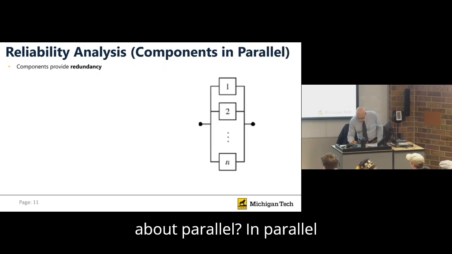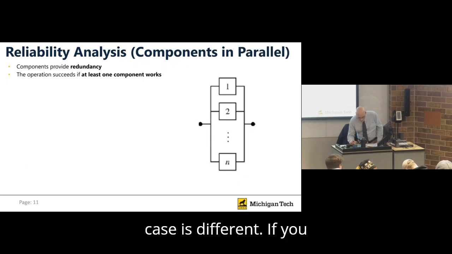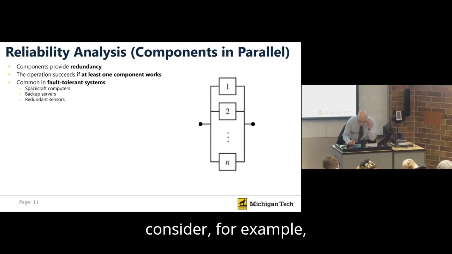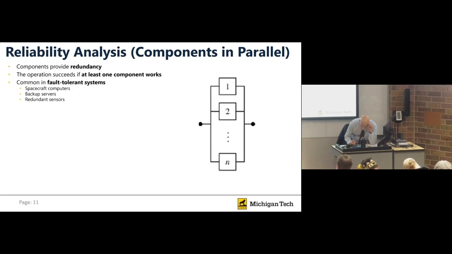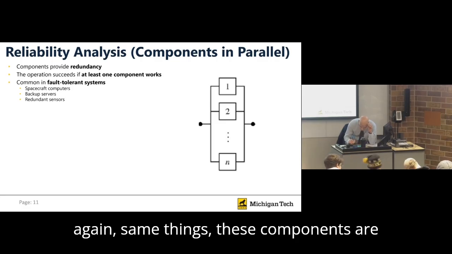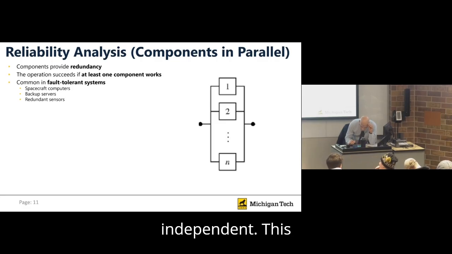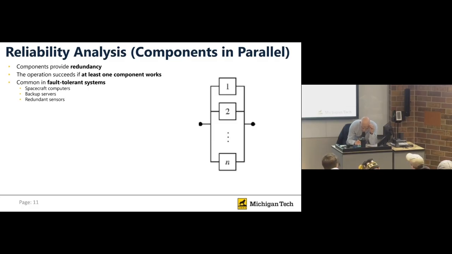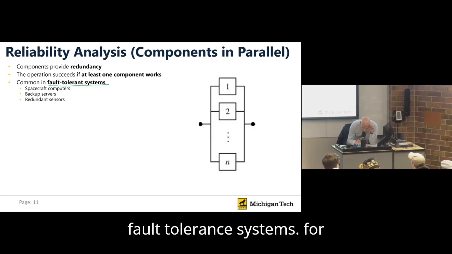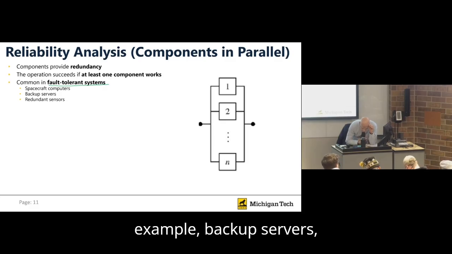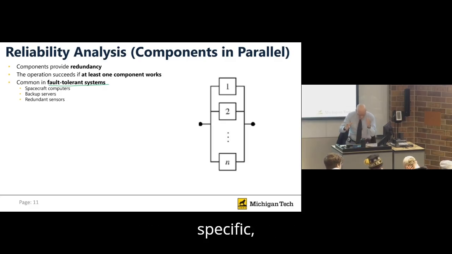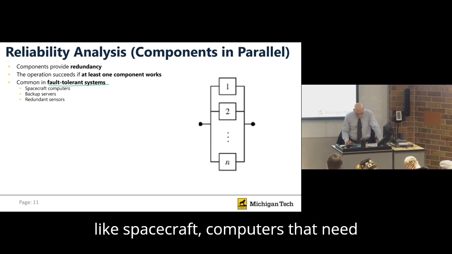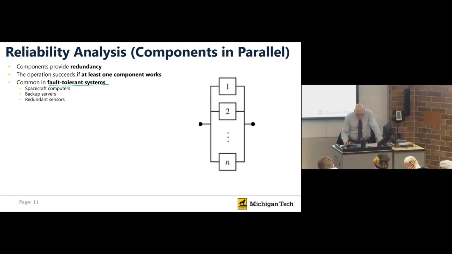What about parallel? The parallel case is different. Again, these components are independent. This system can be used for fault tolerance systems, like backup servers, or a spacecraft computer that needs to tolerate failure.